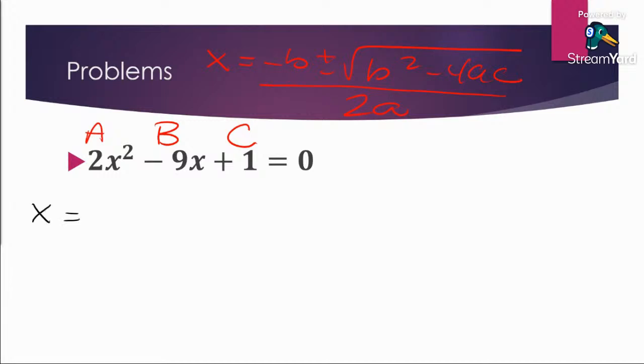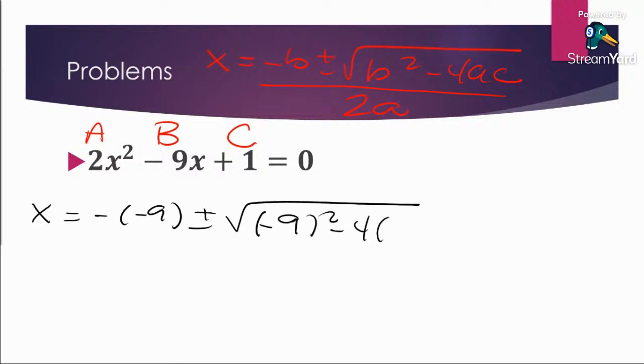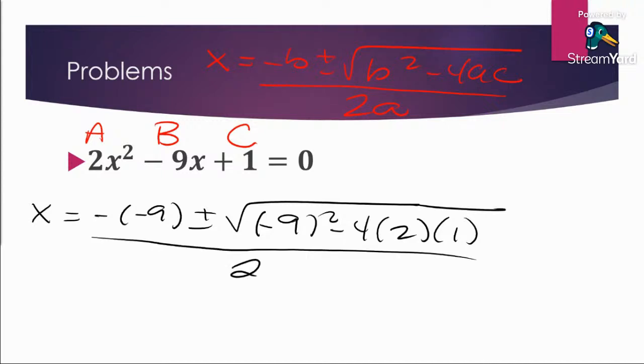So x is equal to negative B plus or minus the square root of B squared minus 4 times A times C, all divided by 2 times A. The first step is simply substituting values in.